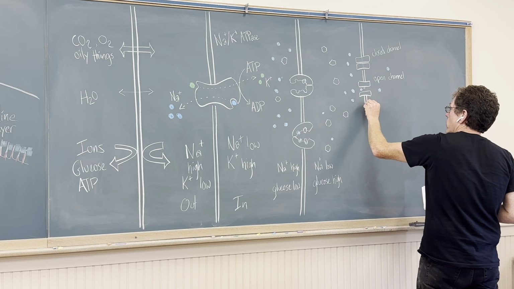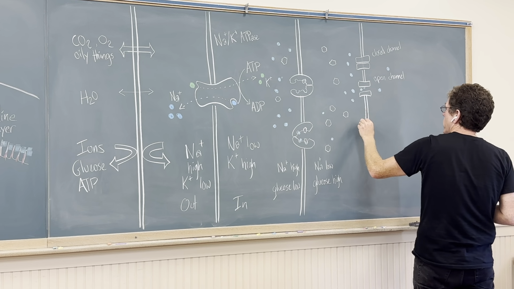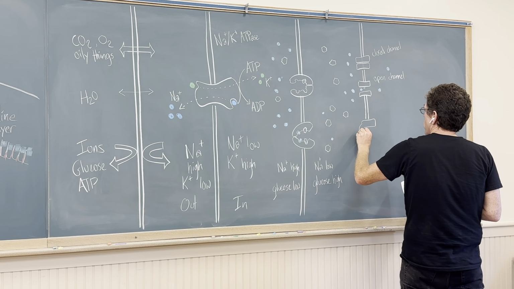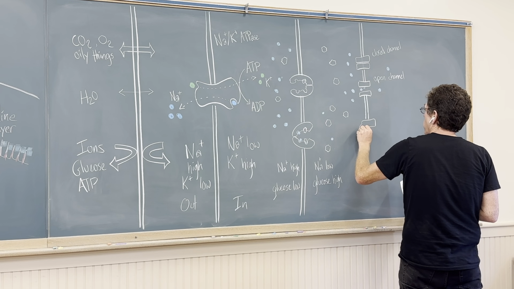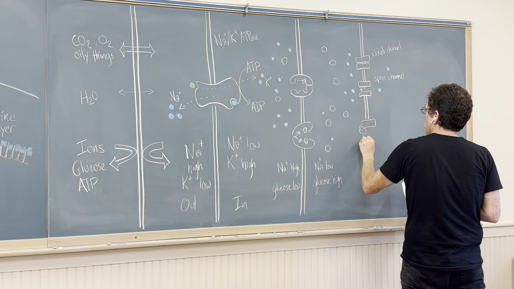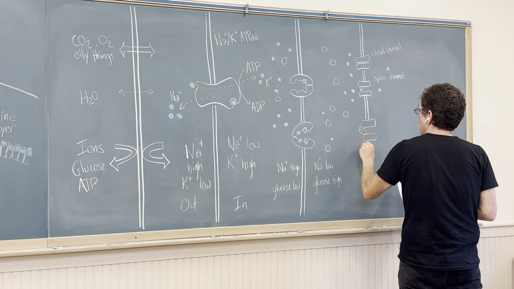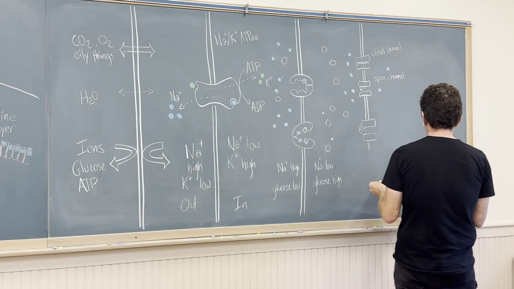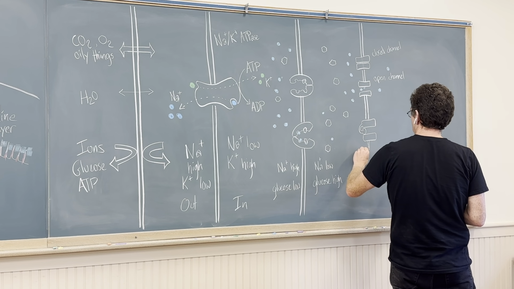Many ion channels are gated by the binding of ligands. This is how many neurotransmitters work. The channel might be blocked, for example, by some sort of plug that is relieved by the binding of some kind of ligand.